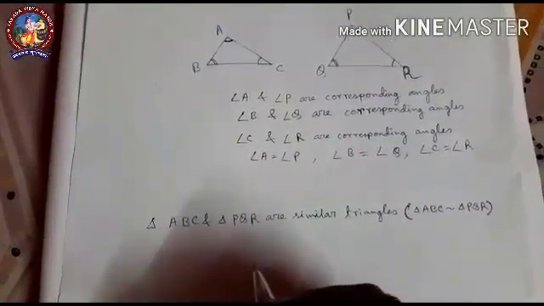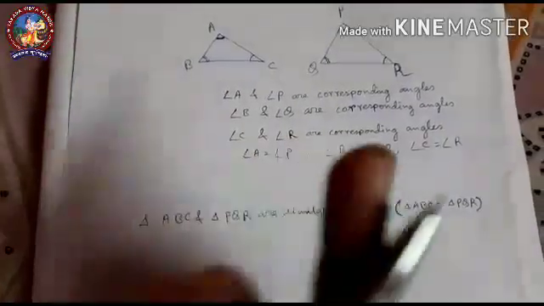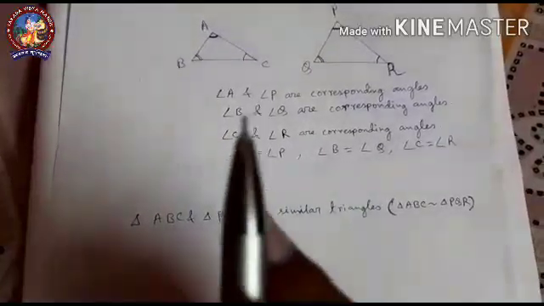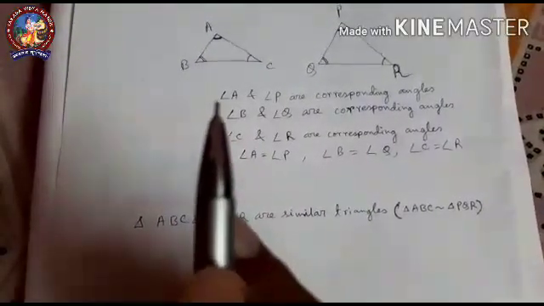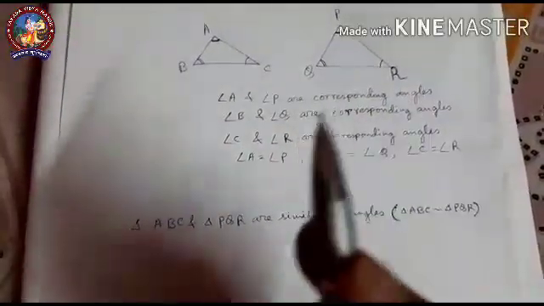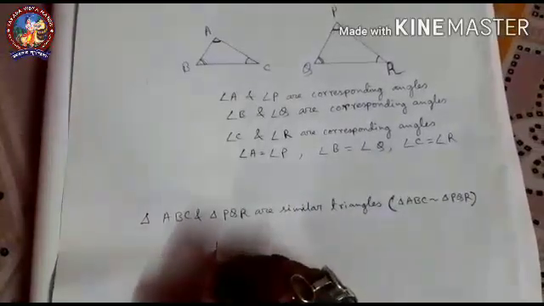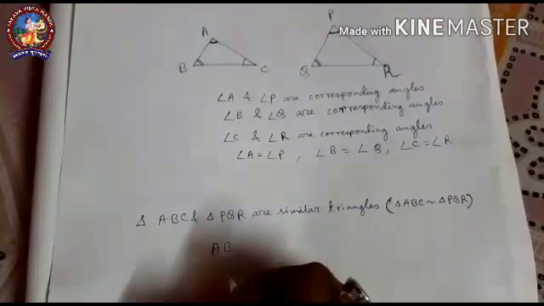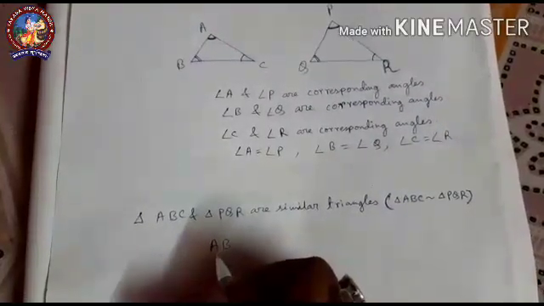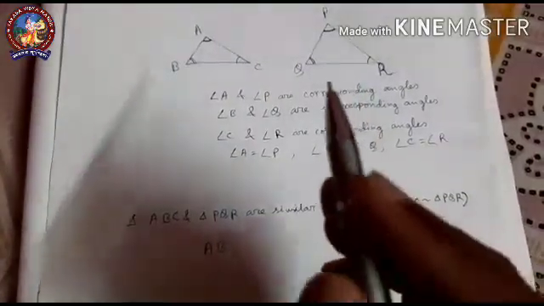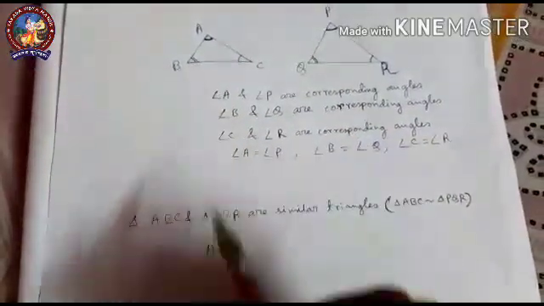Now, if these two triangles are similar, then the ratio of the lengths of their corresponding sides must be equal. That means in triangle ABC, I have taken the length of the side AB, and in triangle PQR, PQ is the corresponding side of the side AB in triangle ABC.